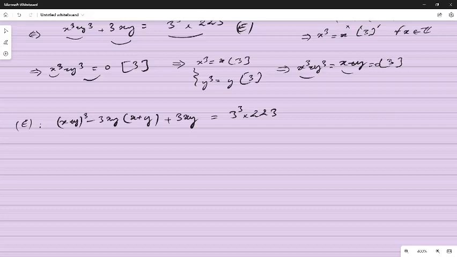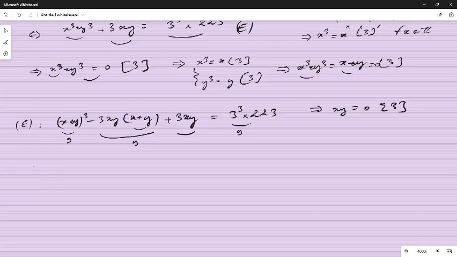So we have this quantity is a multiple of 3 cubed. This quantity is a multiple of 3. So this quantity is a multiple of 9, and this one is a multiple of 9, and this one is a multiple of 9. So this quantity must be a multiple of 9. So xy equals 0 mod 3.